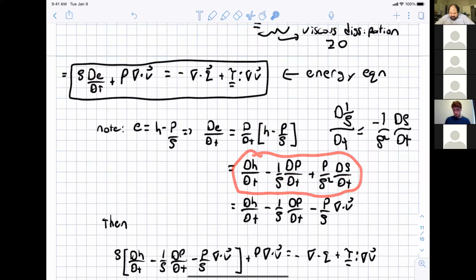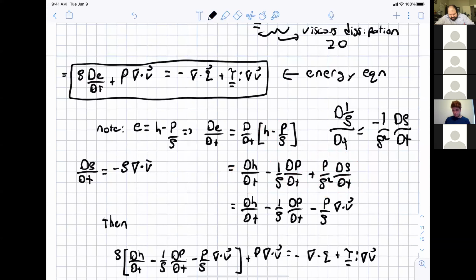And again, you can work through the definition of the material derivative to convince yourself that this step here is true. And so now note, from conservation of mass, we had that d rho/dt equals minus rho times the divergence of the velocity vector. So I can take this equation here, and in particular this d rho/dt, and substitute in minus rho times the divergence of the velocity vector right there.